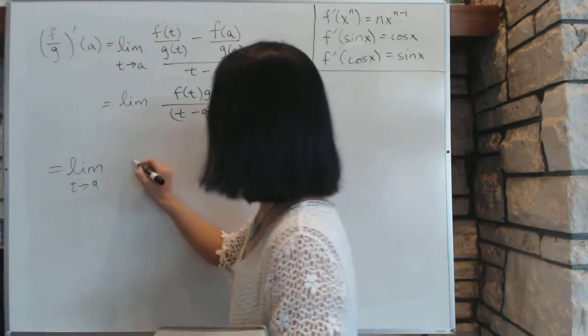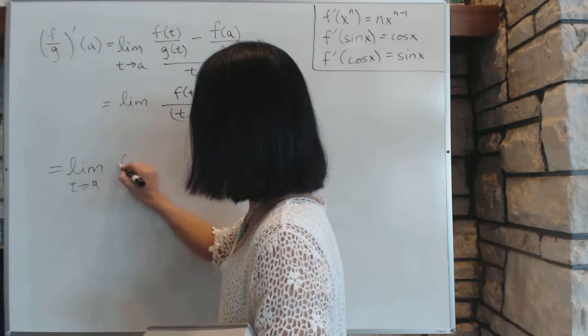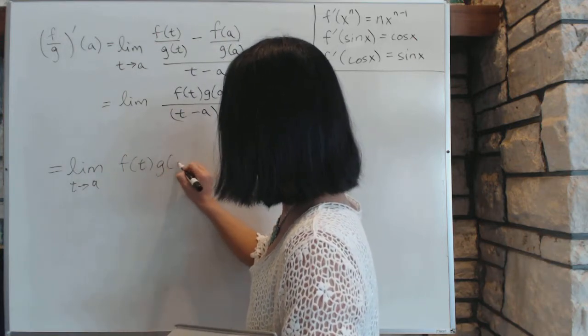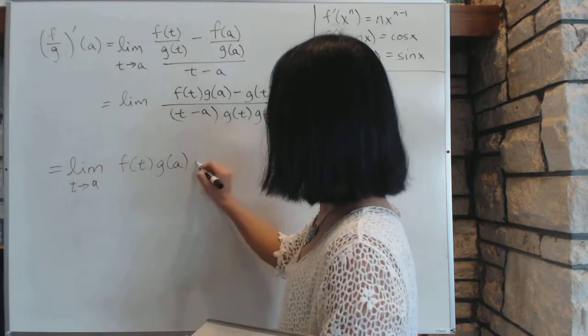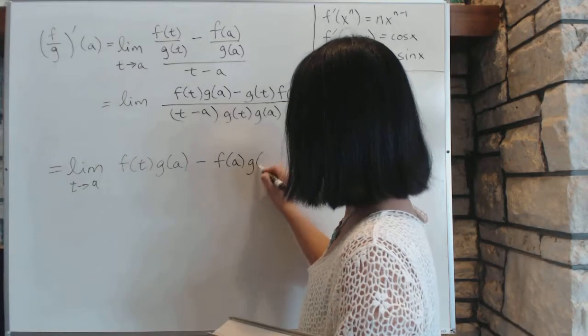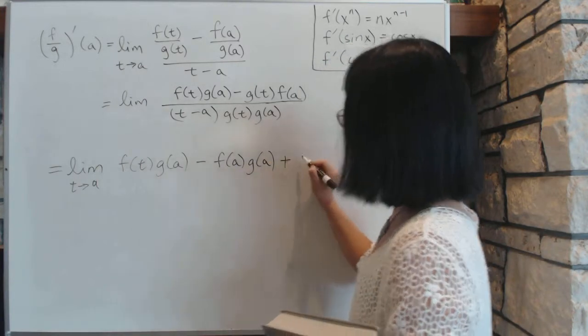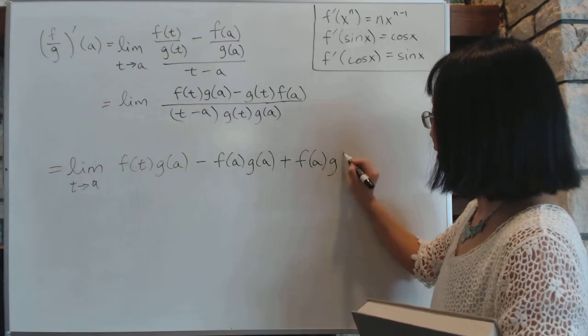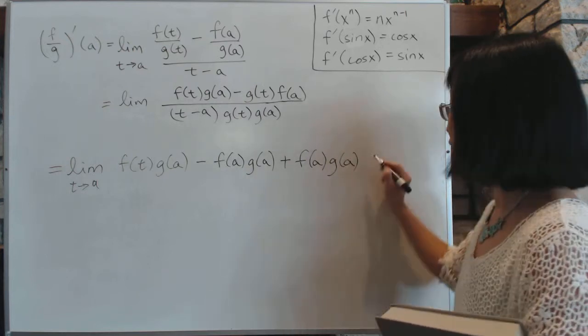So the trick we're going to pull looks like this. We're going to have the first term, which is f(t)g(a). We will subtract f(a)g(a), and then add f(a)g(a) to it. Because we're adding and subtracting the same thing, we haven't changed the equation one bit.